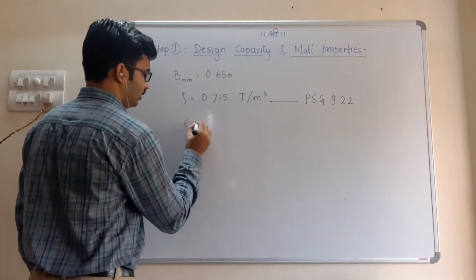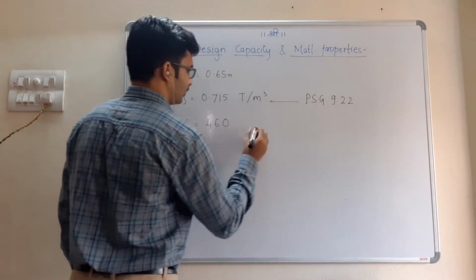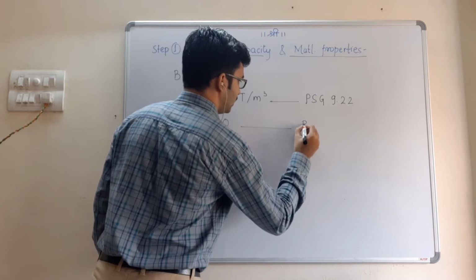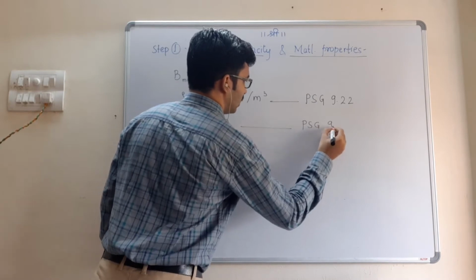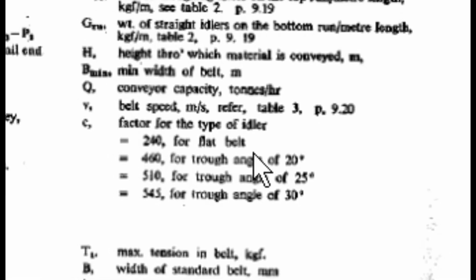Then C is 460. Again this is from the data book, PSG 9.18. From PSG 9.18 we can see that the factor for the type of idler, C, we can take as 240 for flat belt, 460 for trough angle of 20 degrees, 510 for trough angle of 25, and 545 for trough angle of 30.